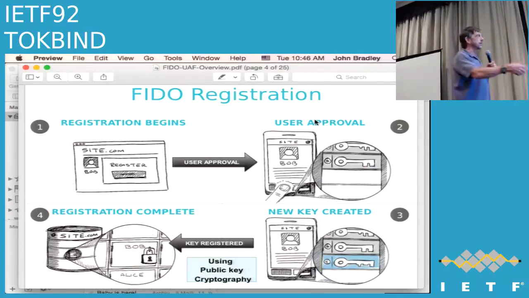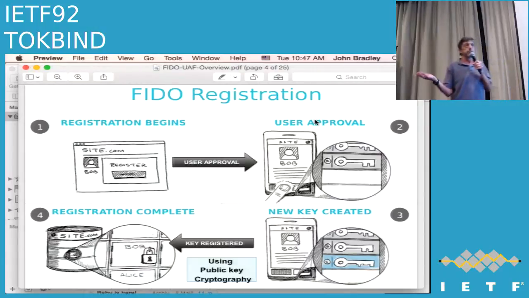And so I say, here's my username, and I assert a secret key. This is essentially the same thing. You go there, they come back, they put up a UI, magic happens on the client, and you swipe your finger, and a public key gets registered at site.com and is in their account database. So we go to the next slide, please.